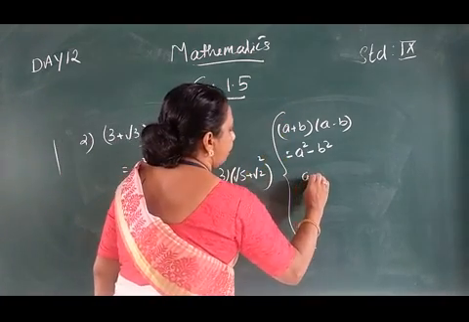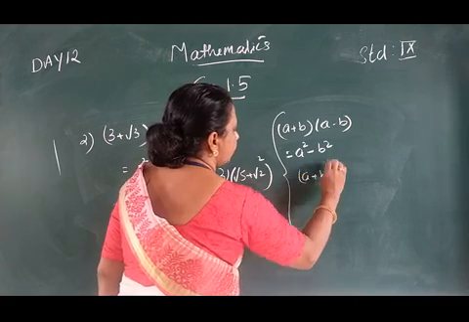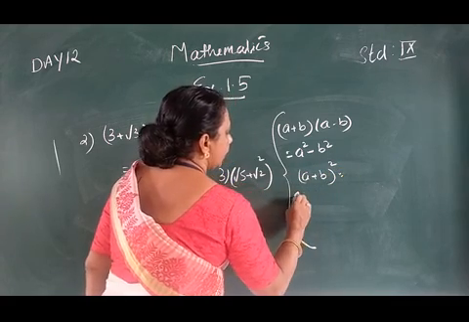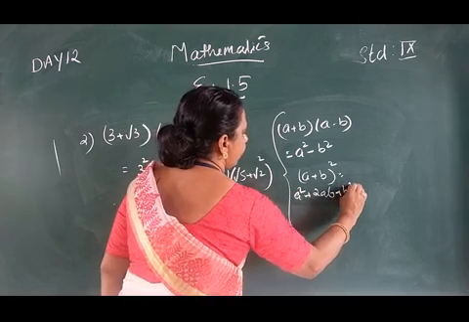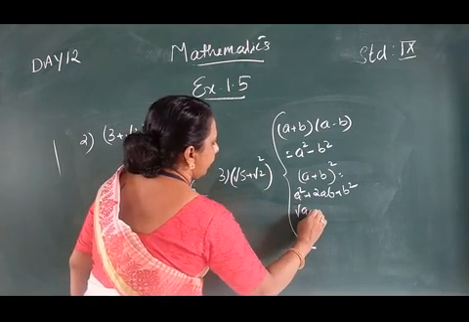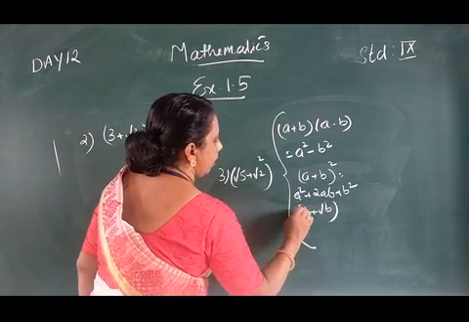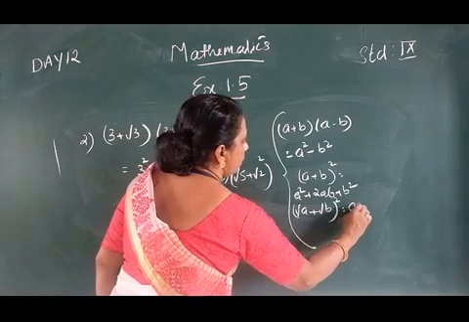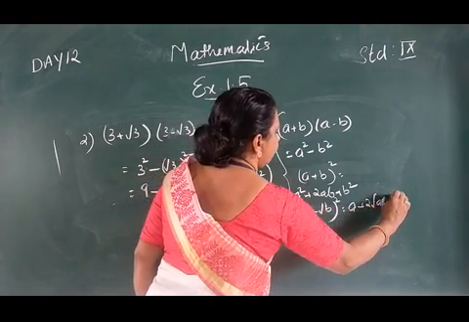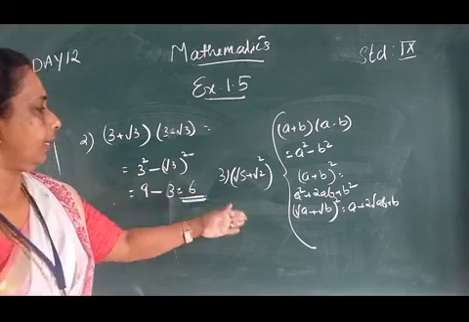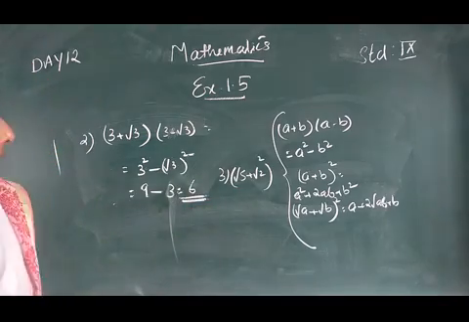A plus B the whole square, that is equal to A square plus 2AB plus B square, or root A plus root B the whole square is equal to A plus 2 root AB plus B. Any one of the identities we have to use and solve this.